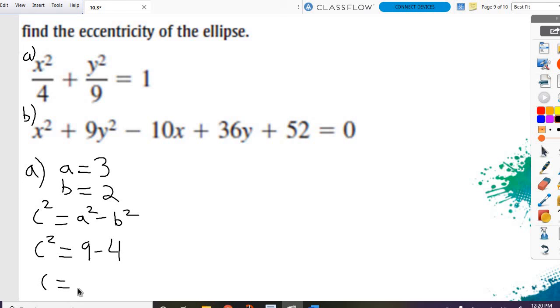And we get that C is going to be the square root of 5. So then plugging that into our formula, we have the square root of 5 divided by 3. You would plug that into your calculator. And what do we get?